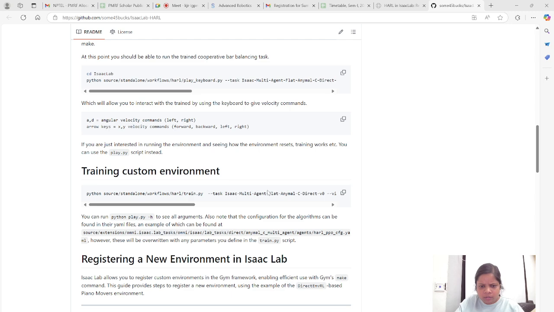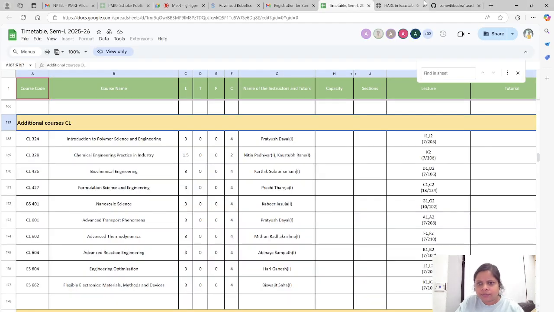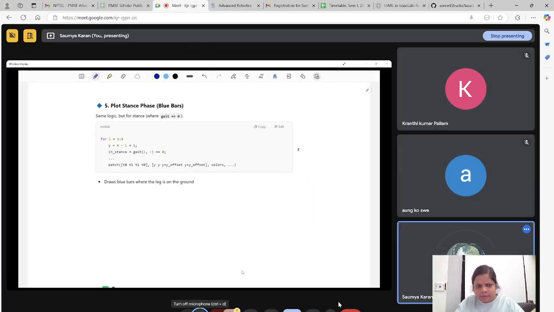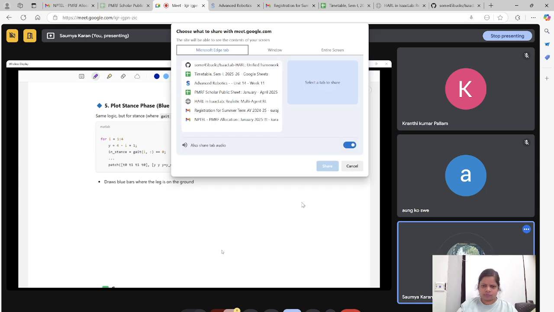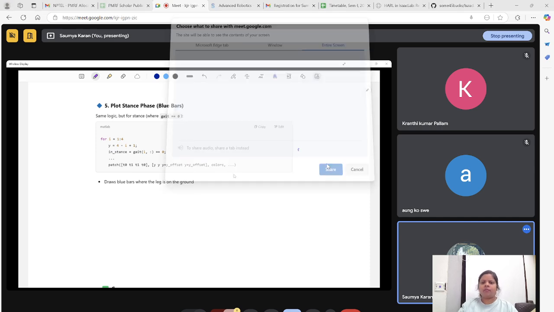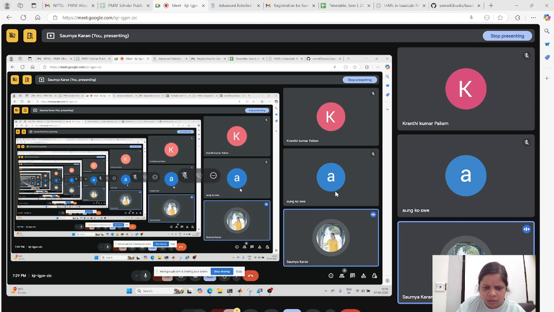Let me change the page. So, recording going on correctly. Yes. Now let me change the screen. I hope my screen is visible.